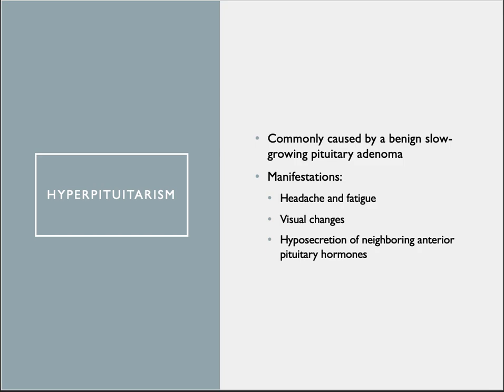And it's usually not all of them, but because it's working so hard to secrete one or maybe two of them, then you have hypopituitarism of the ones next to it. Okay. And so a lot of times with this hyperpituitarism, we'll have the excess secretion of, say, TSH, but then not so much secretion of, say, ACTH, because the gland is so busy producing the other hormone.